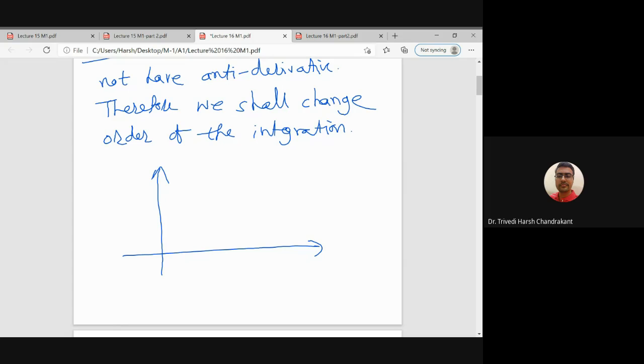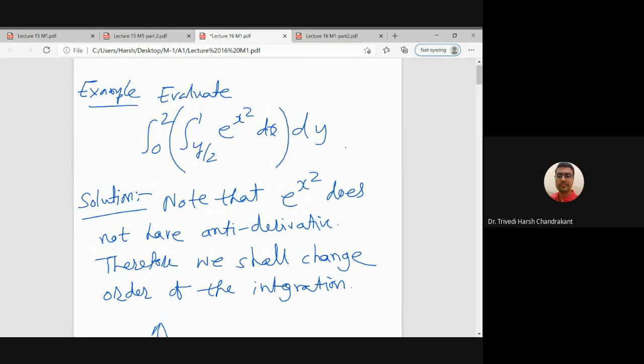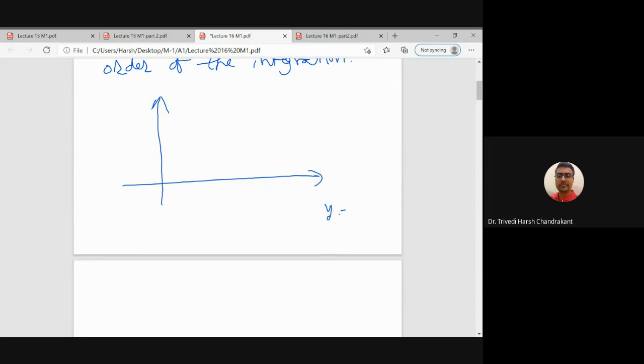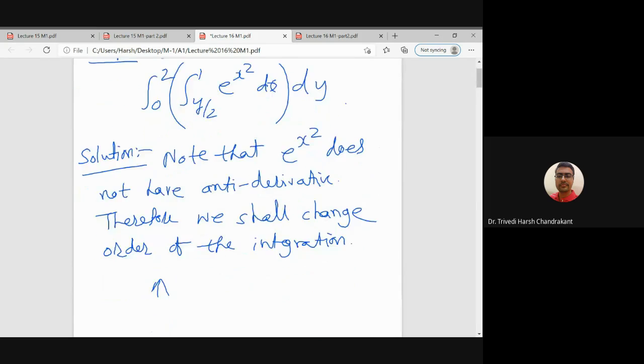So in the xy plane, what are the limits? The limit of y is 0 to 2, and the x limit is from x equals y by 2 to x equals 1, right? That is the limit of x.